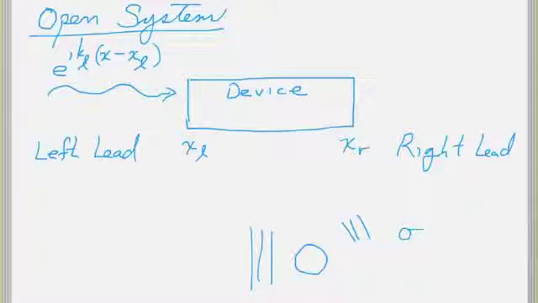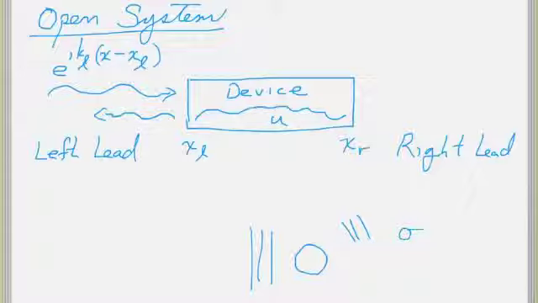So this plane wave is coming in as just an eigenstate of one of the Bloch states of your ideal crystal in the lead. In the device, this is where the potential is varying, so we're going to have some variation of the potential in the device, and so therefore there's going to be some reflection of this plane wave. So some of it's just going to be reflected back into the lead.